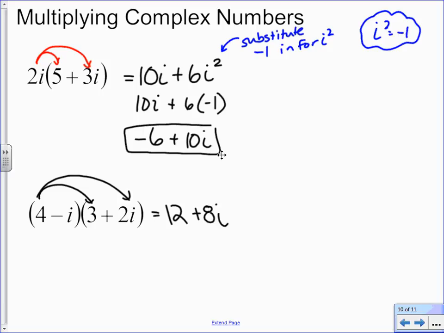And then you got to go back into the first binomial and pick up that negative i. Negative i times 3 is negative 3i. Negative i times positive 2i. So I think about it like the negative times a positive will be a negative. This is like 1 times 2, so 2. And i times i will be i squared.